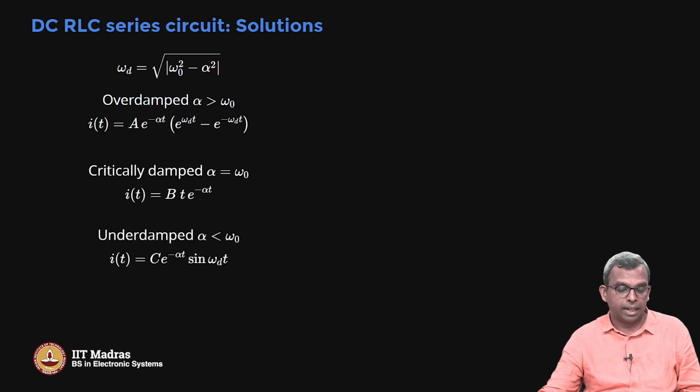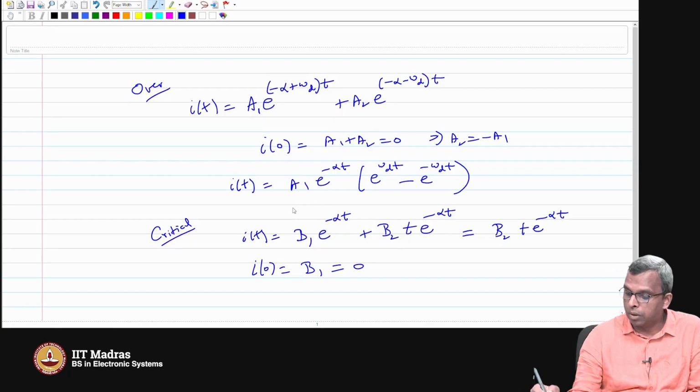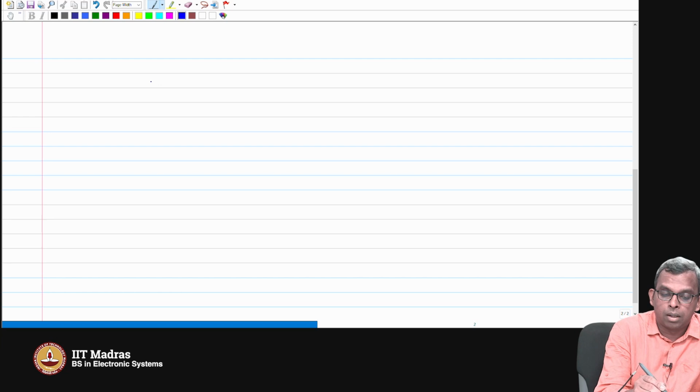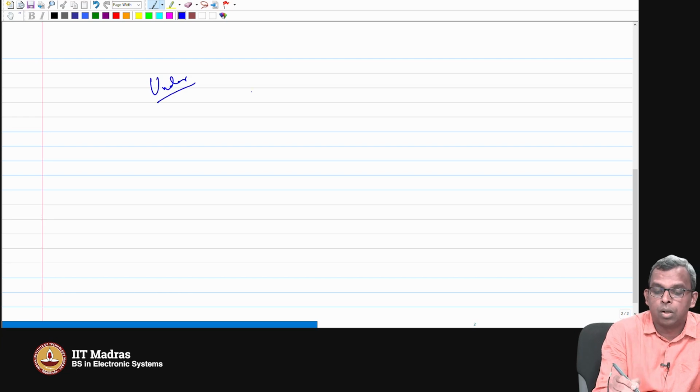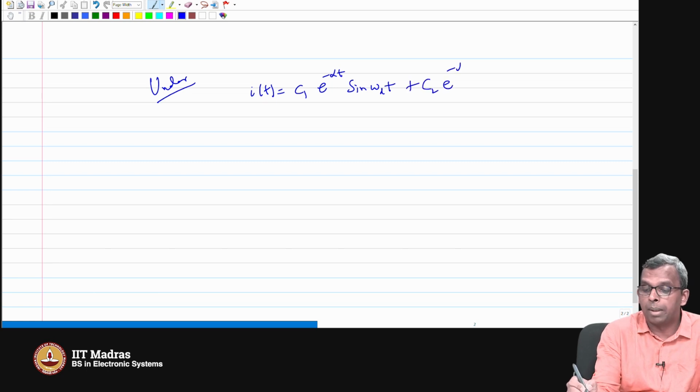The equally interesting case is the underdamped case, when alpha is less than omega naught, in which case you have two complex conjugate roots. I of t will be c1 e power minus alpha t sin omega dt plus c2 e power minus alpha t cos omega dt.